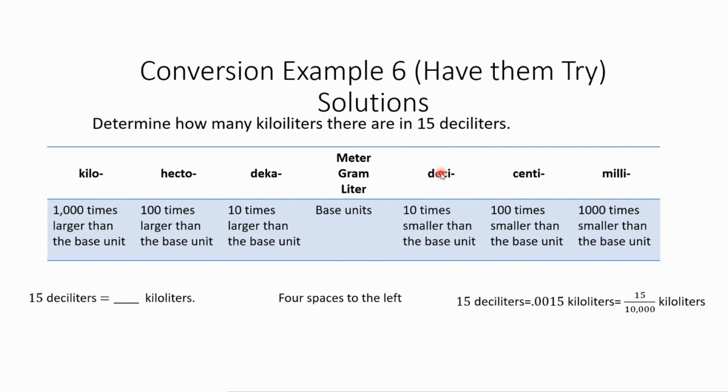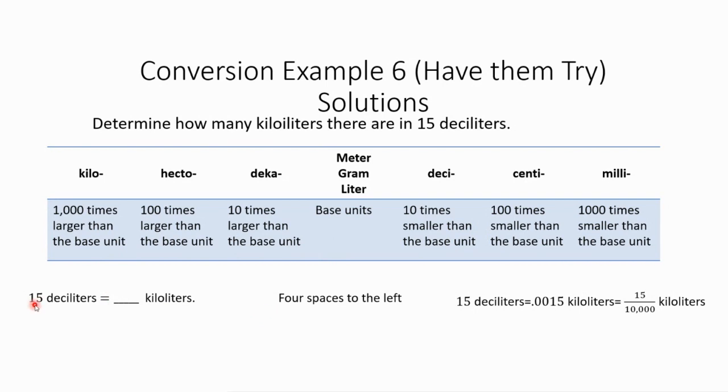To convert, you can think of it as moving the decimal to the left or right. You start at deciliters, 15, and kiloliters is 1, 2, 3, 4 spaces to the left. So you move the decimal point 4 units to the left. That's what I'm illustrating.